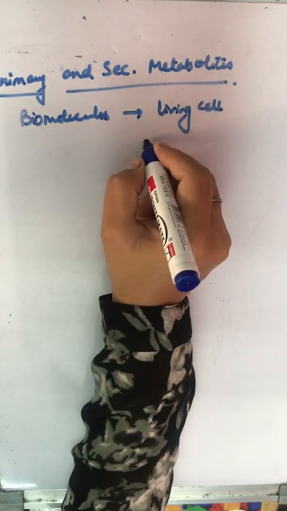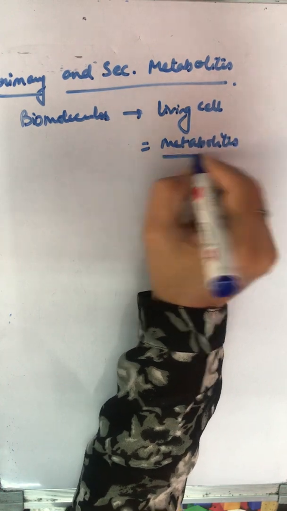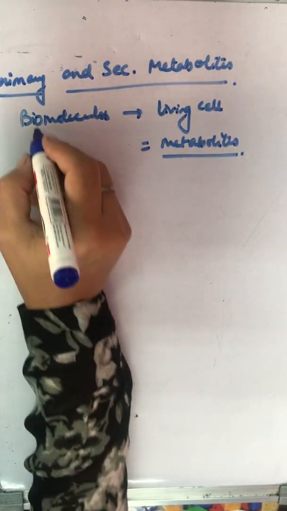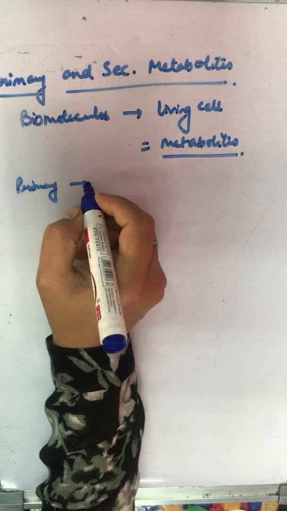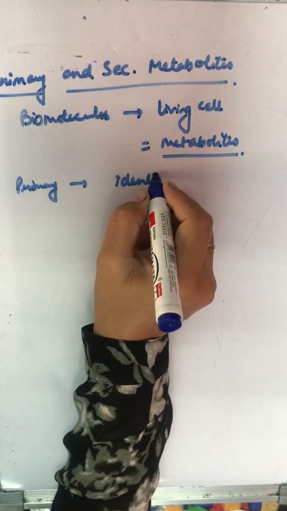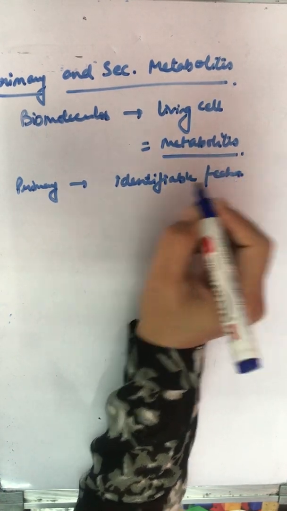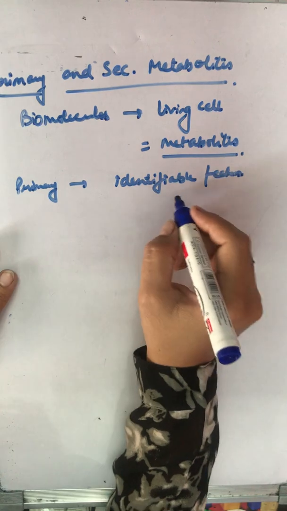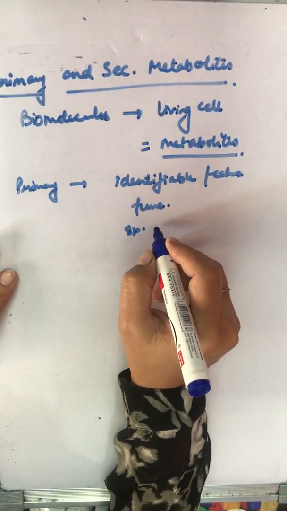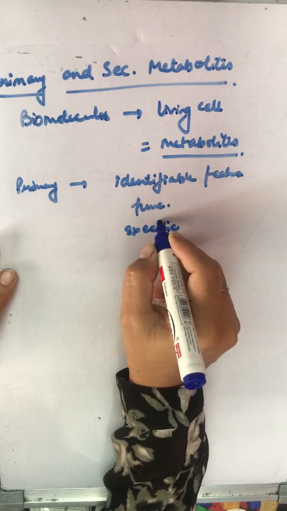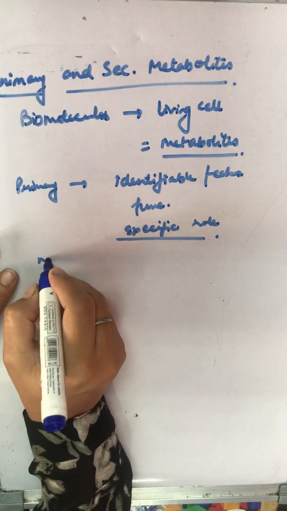We call them metabolites. Primary: what do we mean by primary? Primary ones have identifiable functions. They play a specific role in the normal physiological process.